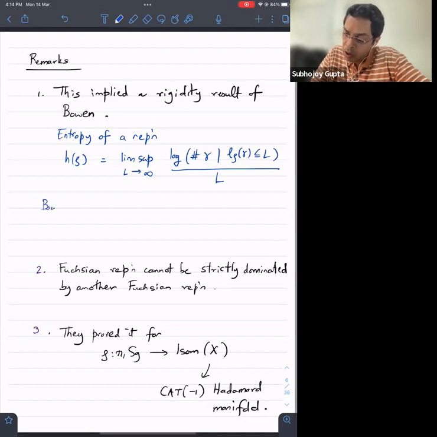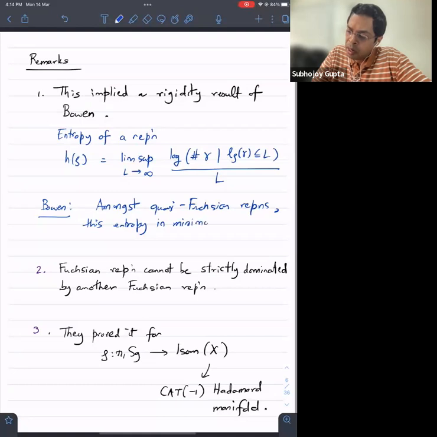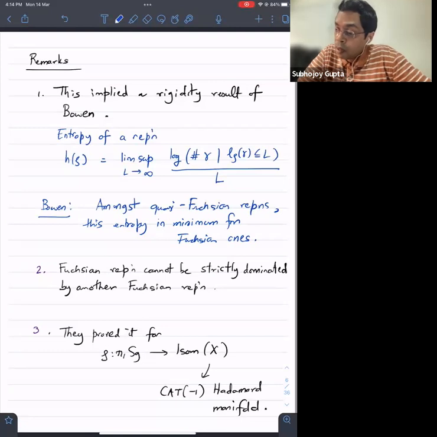What Bowen showed, looking at quasi-Fuchsian representations, which are discrete, actually, is that amongst quasi-Fuchsian representations, this entropy is minimum for the Fuchsian ones. I'm not defining what quasi-Fuchsians are, but they are perturbations of Fuchsian representations, and they're also discrete and faithful.